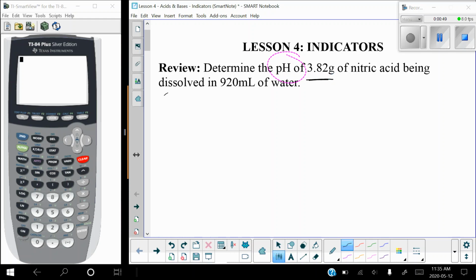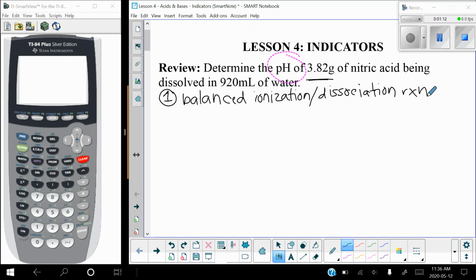And the way that we find out what relates is by doing step 1, writing a balanced ionization or dissociation reaction. Because this is an acid, we are going to be doing a dissociation, an ionization reaction.